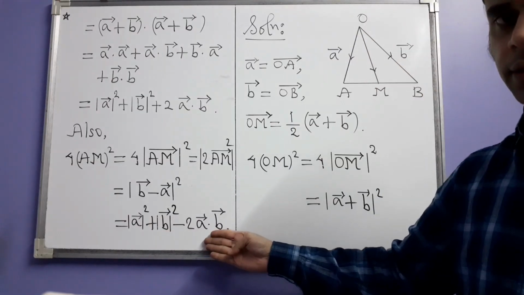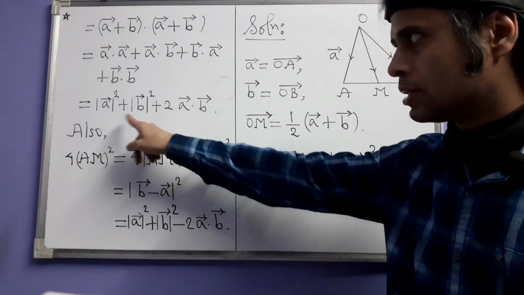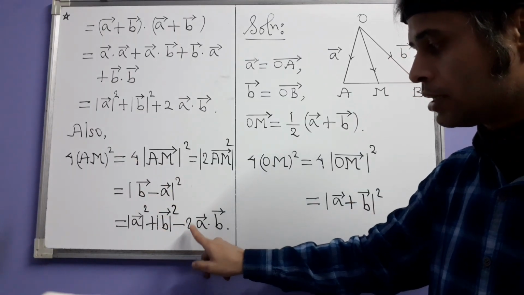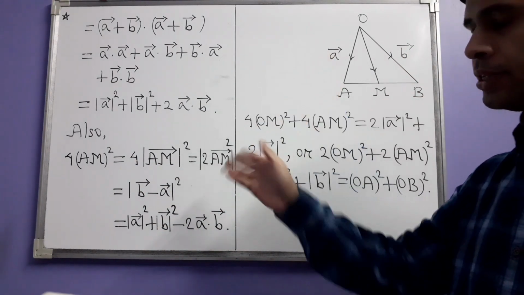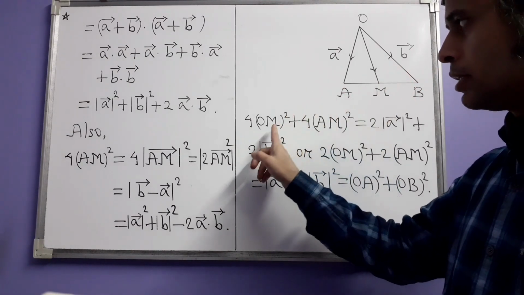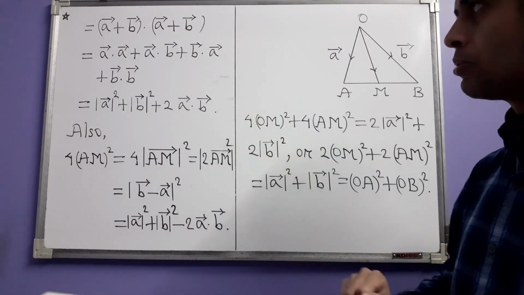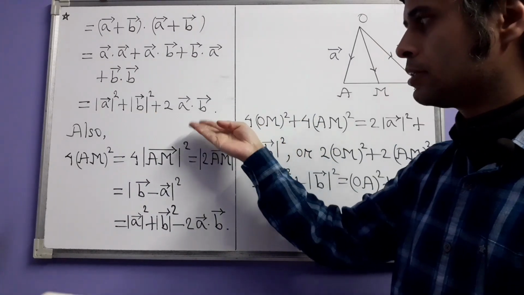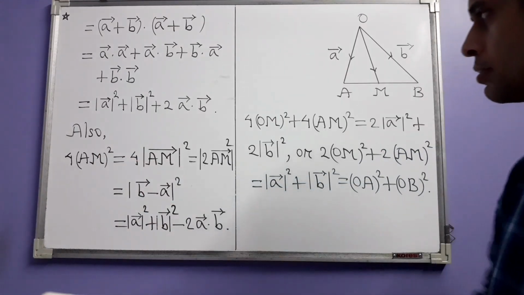Ultimately you will get this magnitude of A square plus magnitude of B squared, which is just like this one, but this time minus 2 times A dot B. And then we add these two equations. 4 times OM squared equals this, and the other one is this. 4 times AM squared equals this.